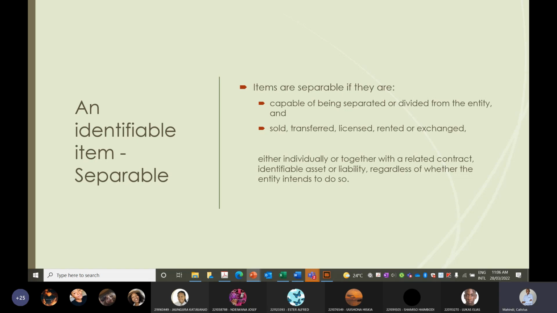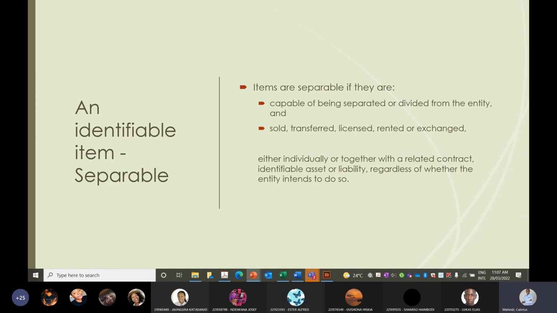All right, let me try and explain this. For example, that machine that had software that is integral to the operation of the machine, we said that software would not be separable. And that's why we treated the machine as a PPE item, because the software was part of the machine.